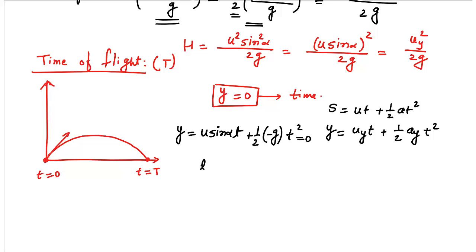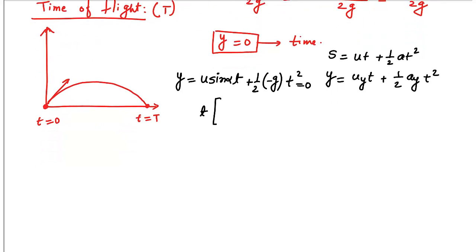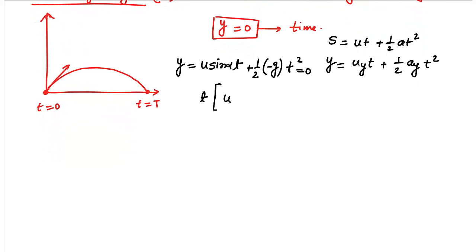So let's take t common. I can write the same expression as t(u sin α − gt/2) = 0. So this gives two values of t. t = 0, so this is one solution.